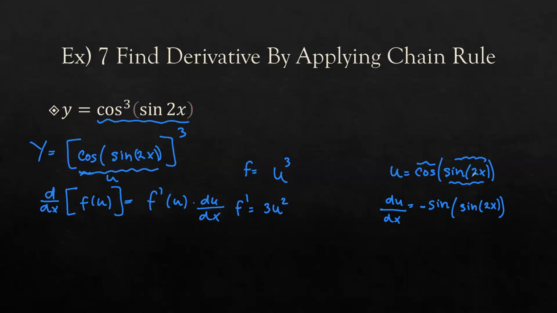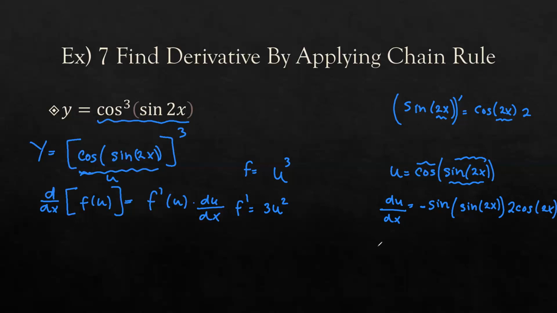What is the derivative of sine of 2x? You take the derivative of sine, which is positive cosine. Leave the inside parentheses alone, and then you take the derivative of the inside, the derivative of 2x, which is 2. So the derivative of sine of 2x is actually 2 cosine of 2x, right?